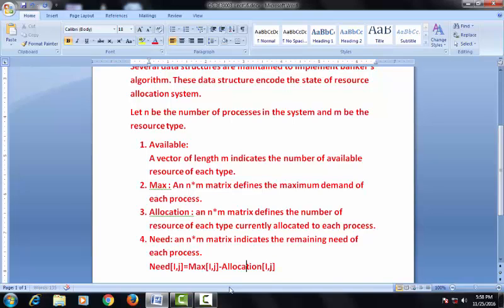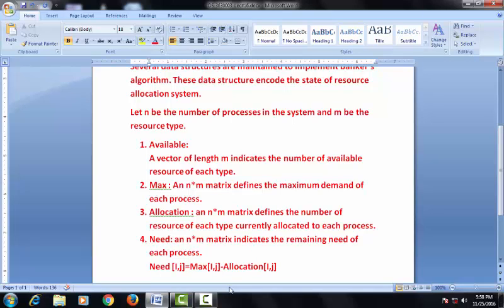So maximum minus allocation will give the values of Need. So first we have to calculate the need of each process, and how will we calculate it?